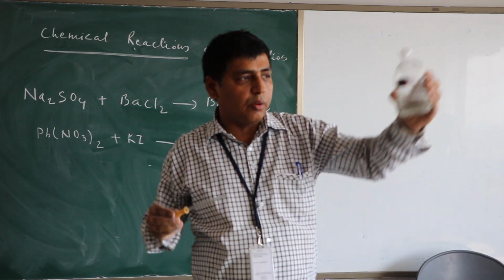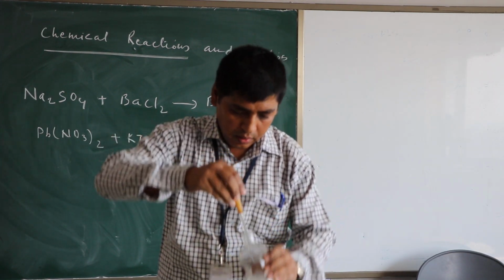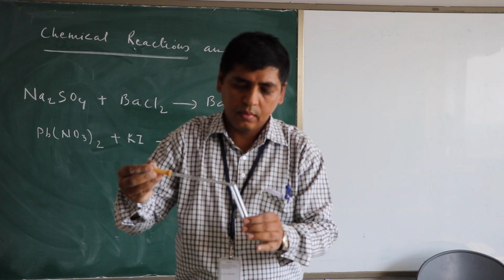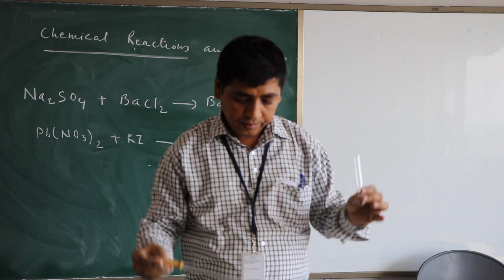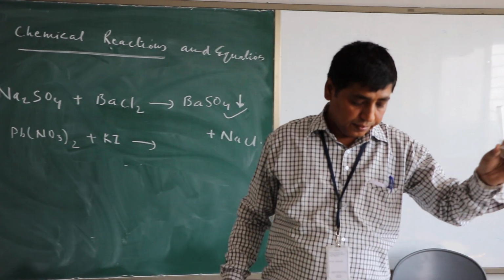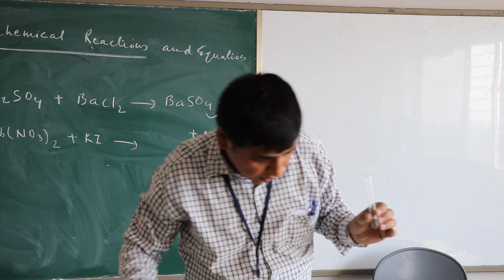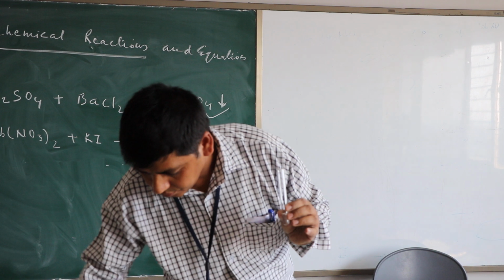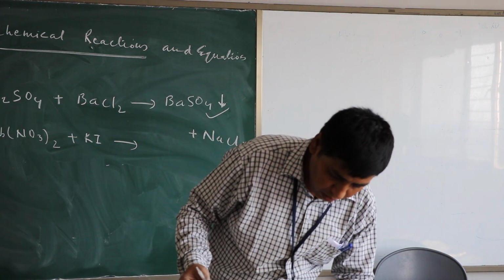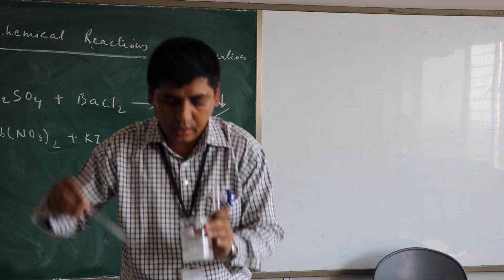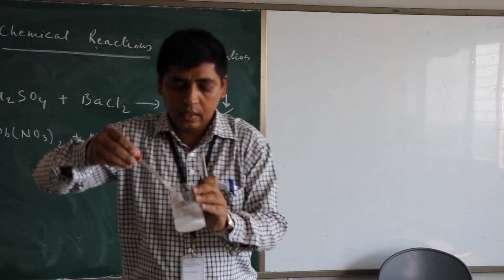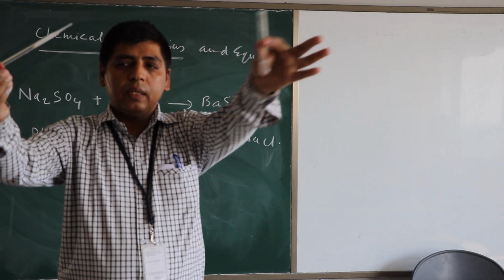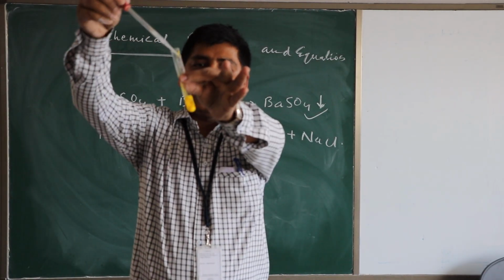This is potassium iodide. Okay, this is colorless. And in this potassium iodide, I am going to take lead nitrate. Potassium iodide is there, now I am putting lead nitrate in this.